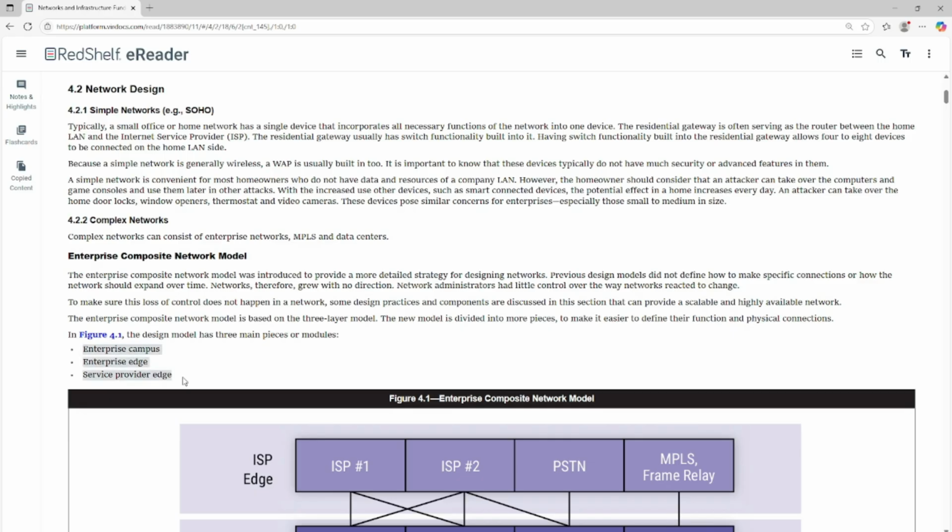It's important for you to read these three main areas and understand how they are implemented, or the scenarios in which they best serve underneath this model.